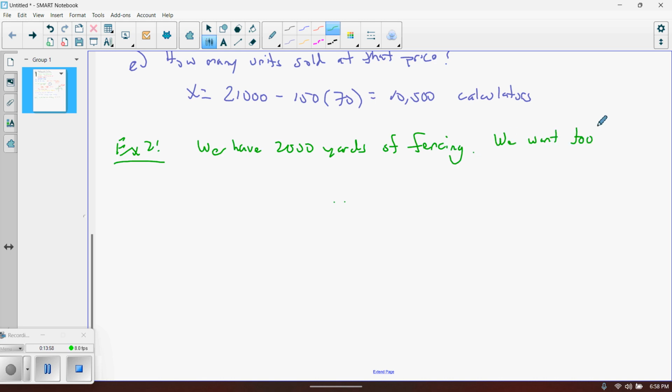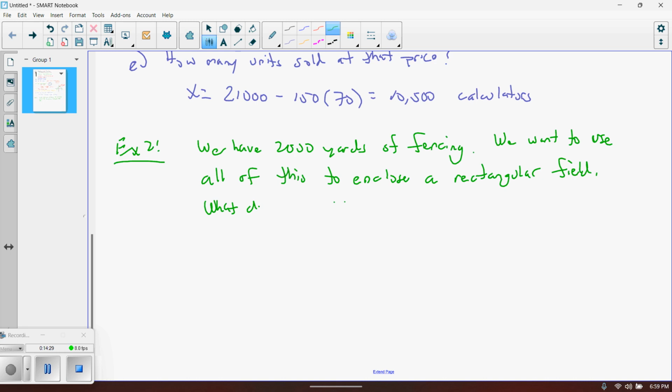We want to use all of this to enclose a rectangular field. What are the dimensions of the rectangular field that will maximize the area, or give us the most area?